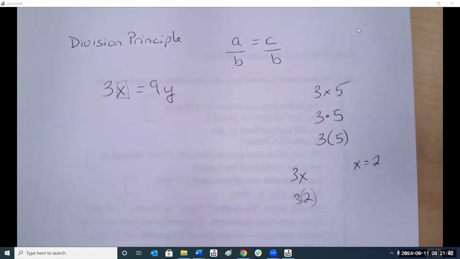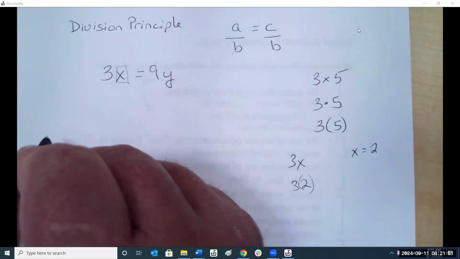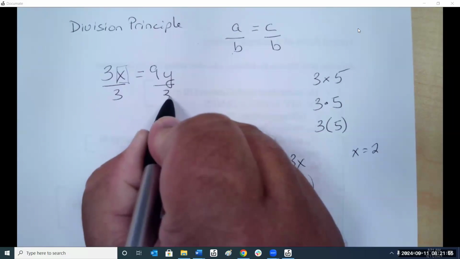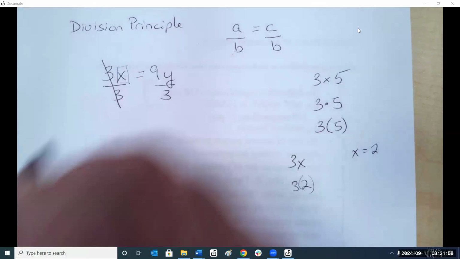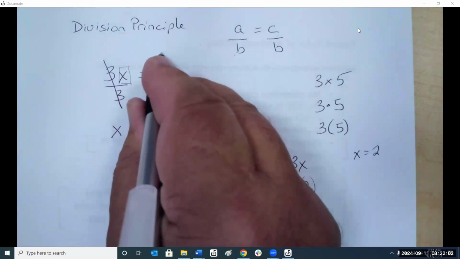So whenever you plug numbers in for variables, make sure you put them in parentheses. Since this is multiplied, what's the opposite of multiplied? So we divide both sides by 3, because we have to get rid of that one. And then 3 goes into 9 3 times.